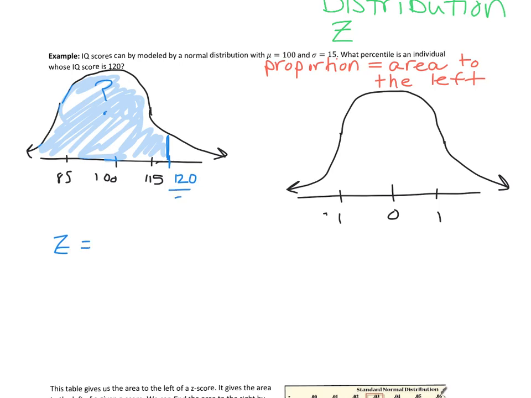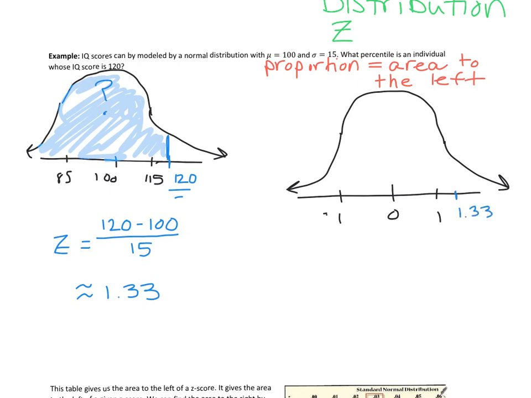So the z-score of 120: we subtract the mean and divide by the standard deviation. That's the formula for z-score. If you put 20 over 15 in your calculator, we get approximately 1.33.